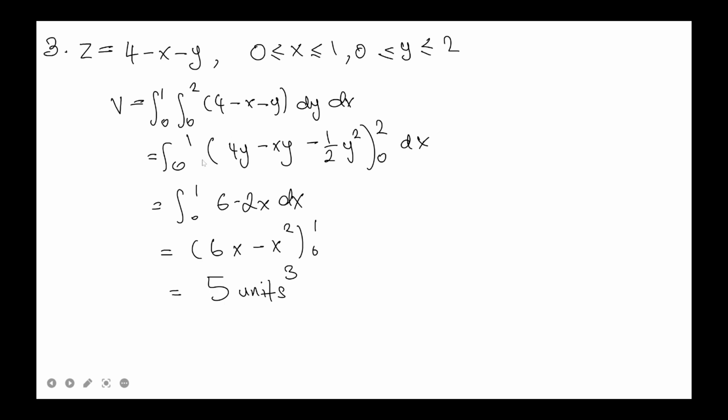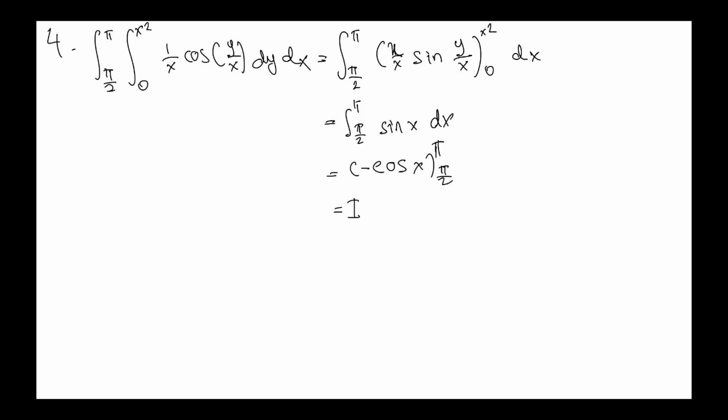I chose dy first. Then substitute the boundaries, and we get 6 minus 2x. Integrate it with respect to x from 0 to 1, and we have 6x minus x squared. Substitute the boundaries and we get 5 units cubed.